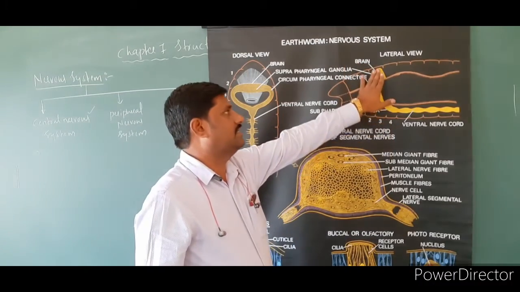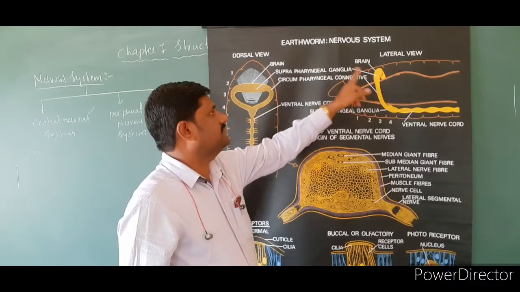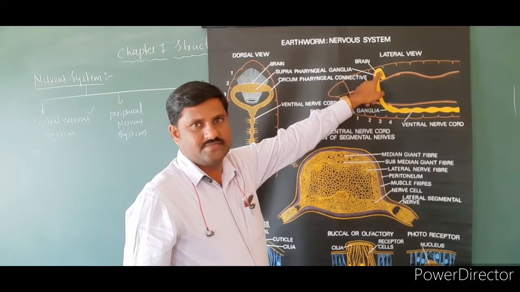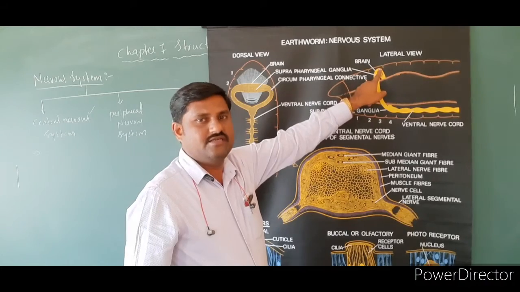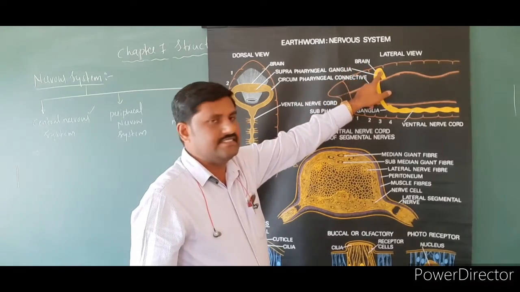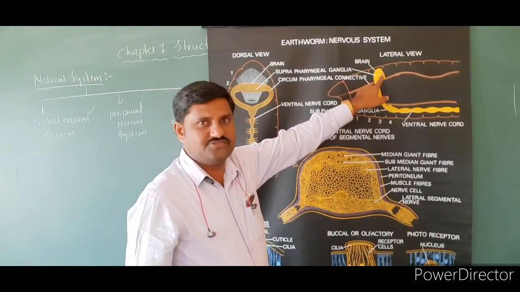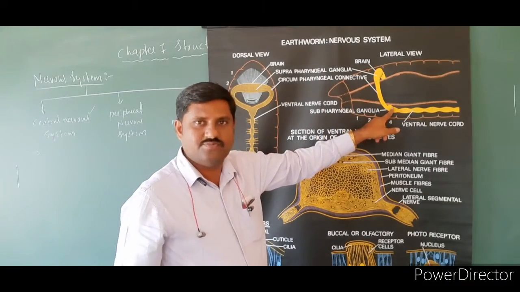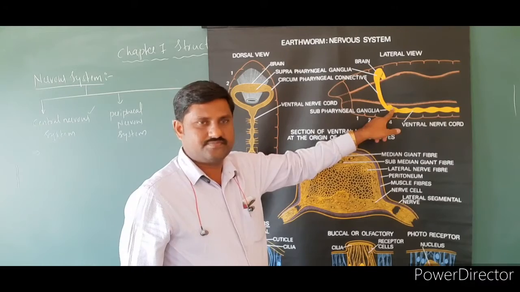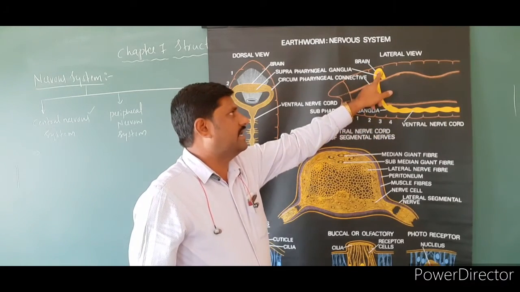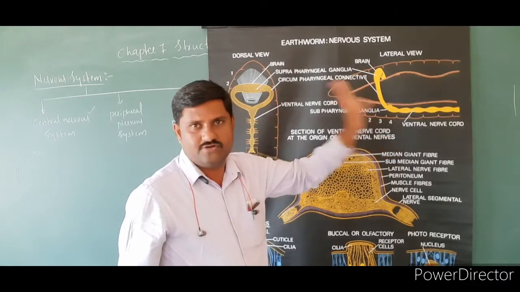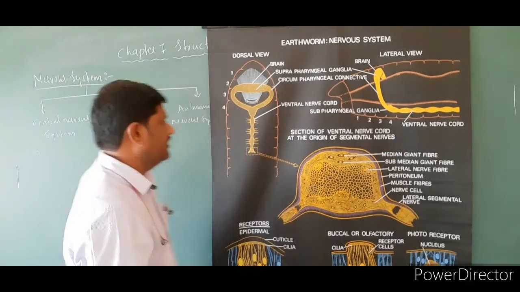Which is lying at the pharynx, above the pharynx. So the suprapharyngeal ganglion is lying above the pharynx, and the subpharyngeal ganglion lies below the pharynx, right? And it is lying in the third segment, and this one is lying in the fourth segment. The point we noted over here.